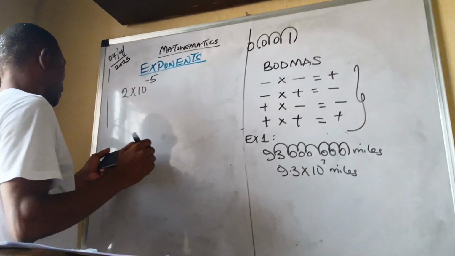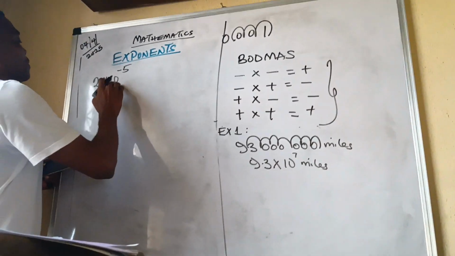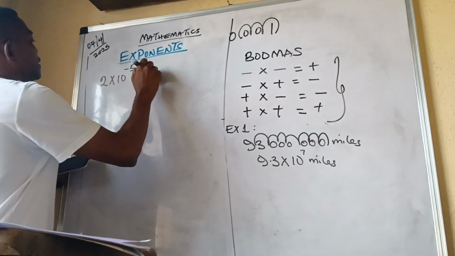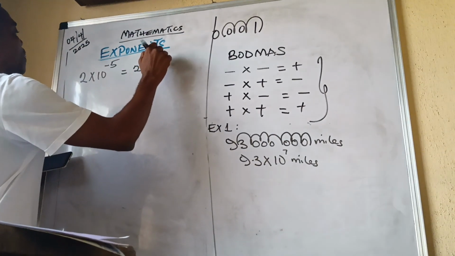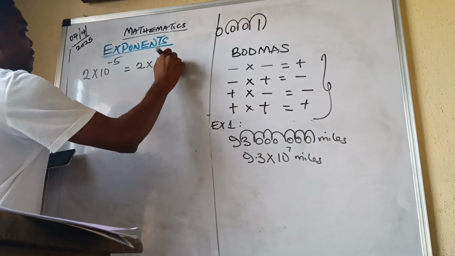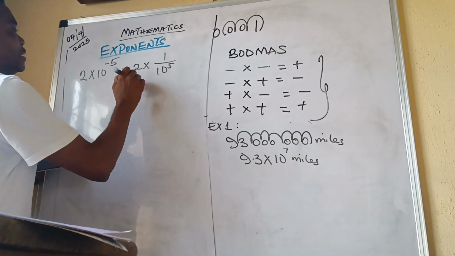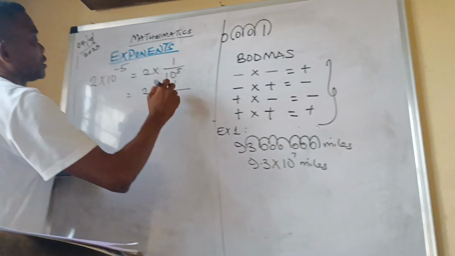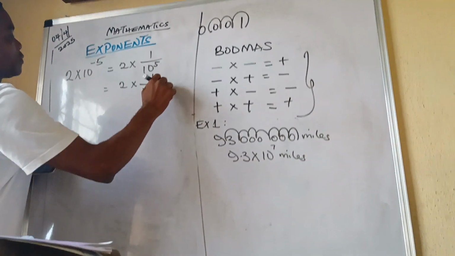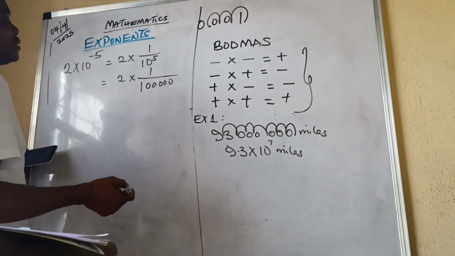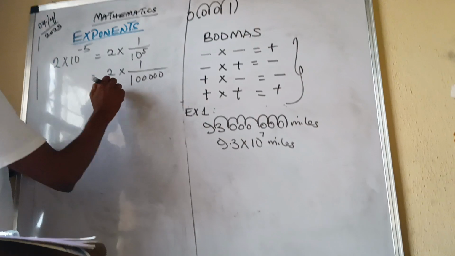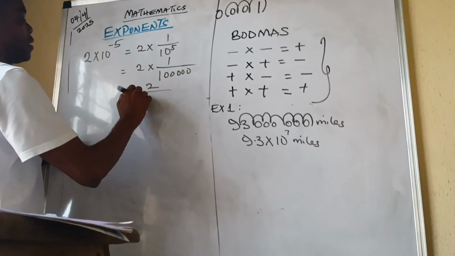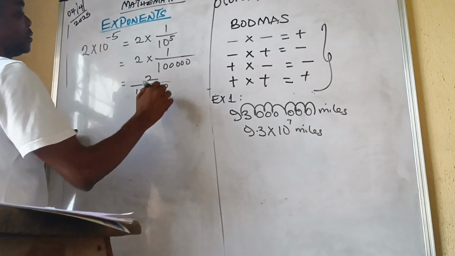So just as we did earlier, it means that it is still the same as 2 times 1 over 10 raised to power 5, right? Just put your 5 zeros. That's 100,000. Then you have 2 times 1 is 2 over 100,000.